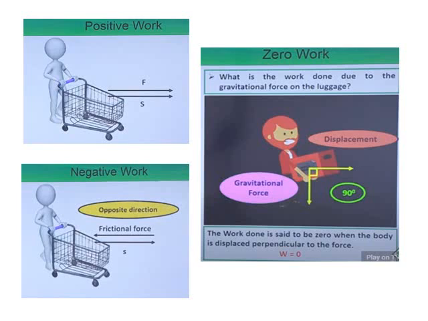So when it is at 90 degrees, then no work is done by it. The work done is said to be 0 when the body is displaced perpendicular to the force. Therefore, work done in this case is 0. Hope you would have understood what is positive work done, negative work done, and when the work done is 0.